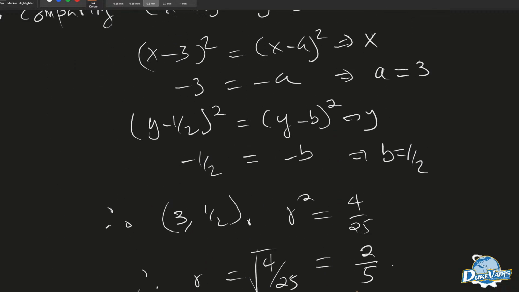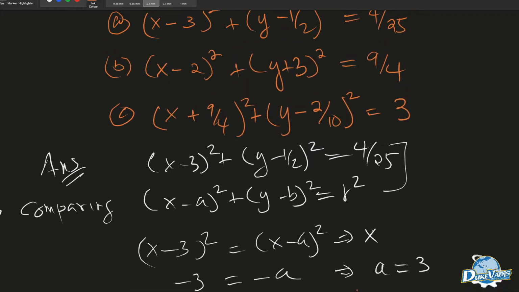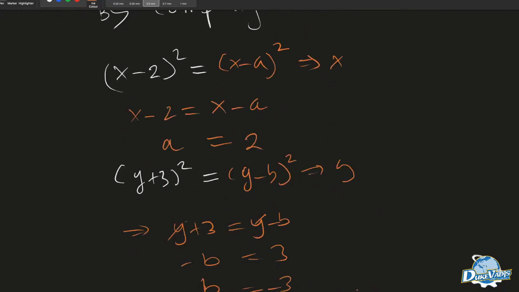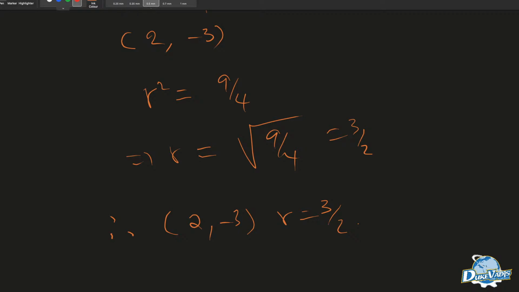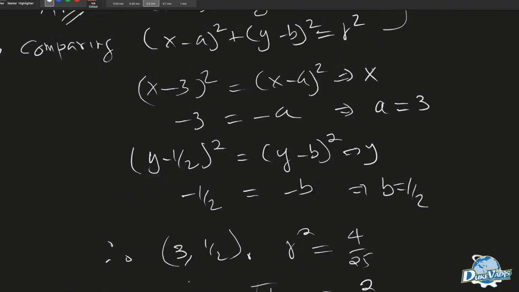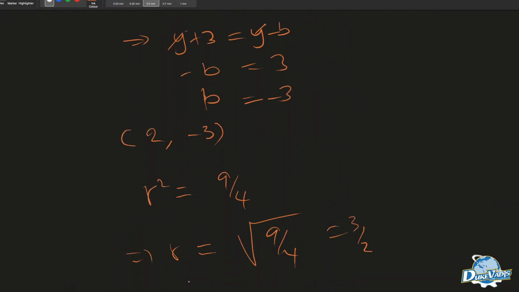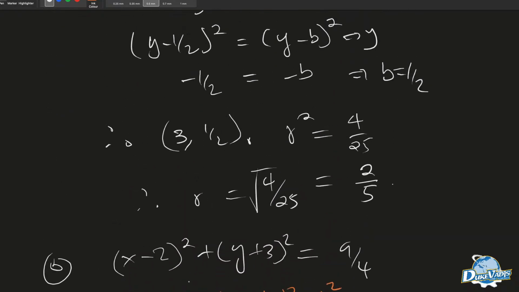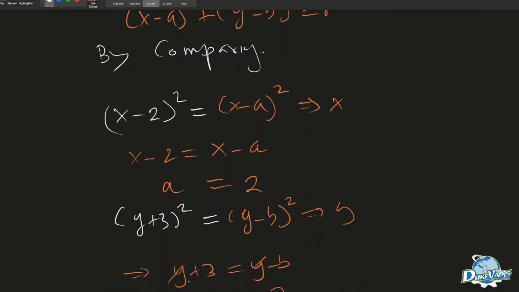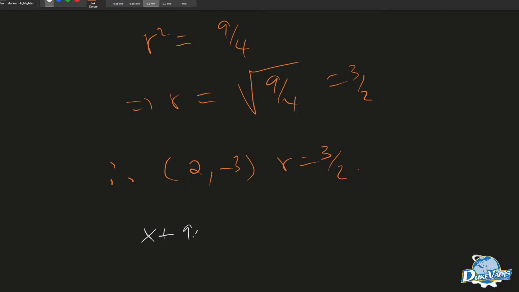The last bit is x plus 9/4 squared, and that's our question C, and y minus 2/10 squared, and it's equal to what? 3.